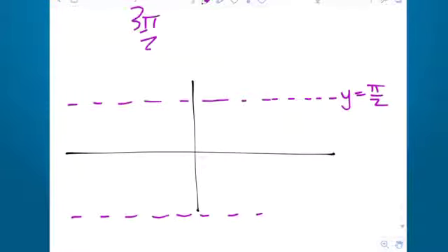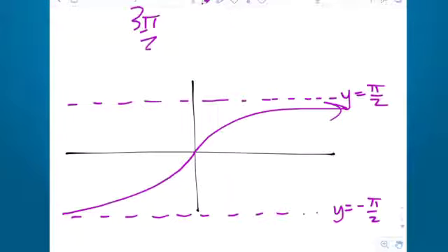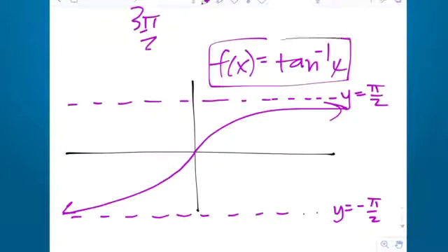And then symmetrically, we'll have one down here at y equals negative pi halves. And then it's going to look like this. The graph of inverse tangent looks like that.